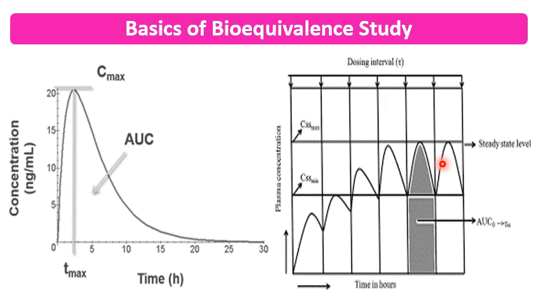I have made a specific video on steady state bioequivalence. You can go through that video to understand this terminology in detail. So this is the figure for steady state pharmacokinetic studies, and this is the figure for the single dose study.